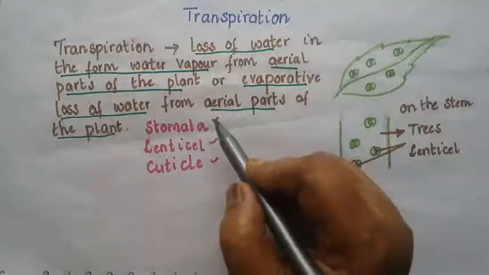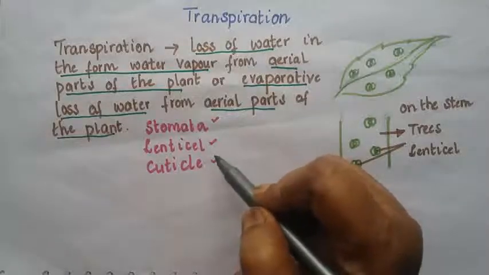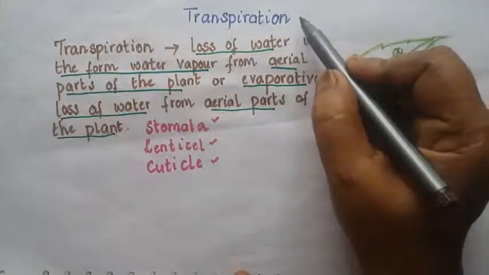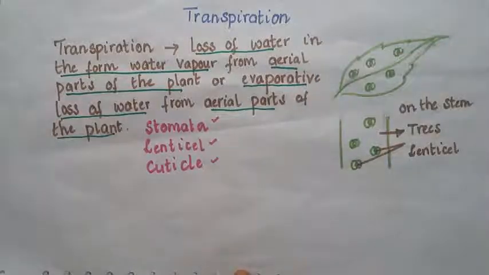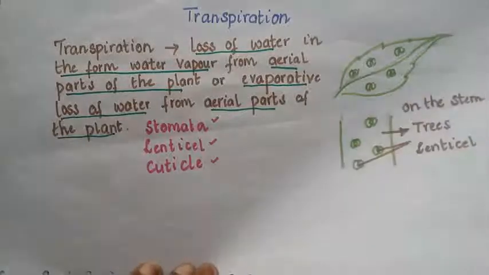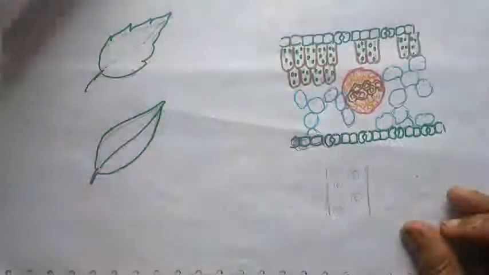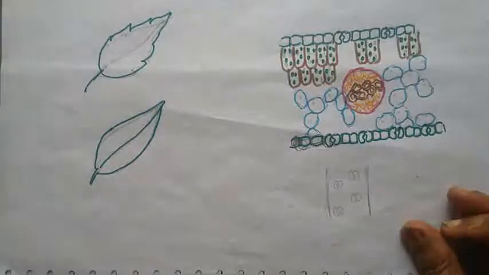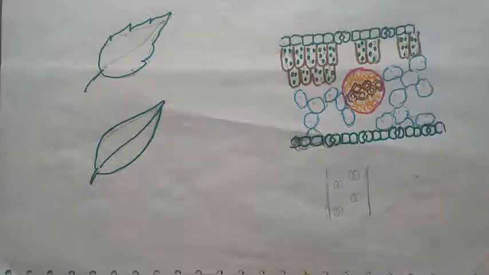So these are the three structures which actually take part in transpiration. Okay, so let us start. How do these stomata, lenticel or cuticle take part in transpiration?